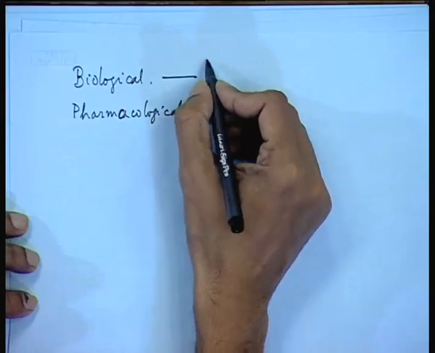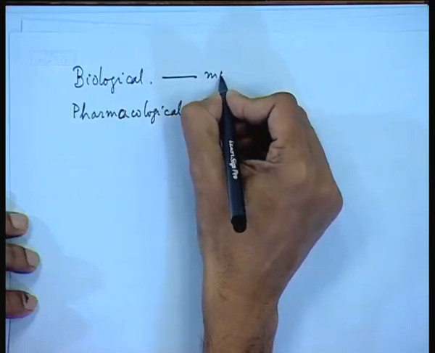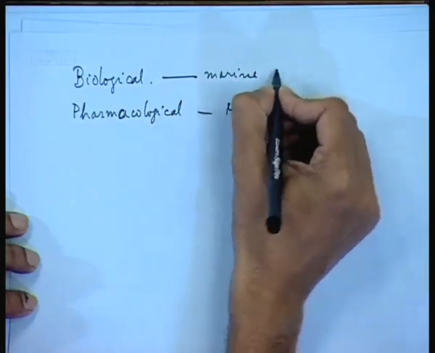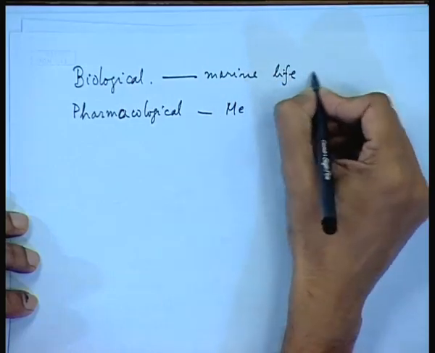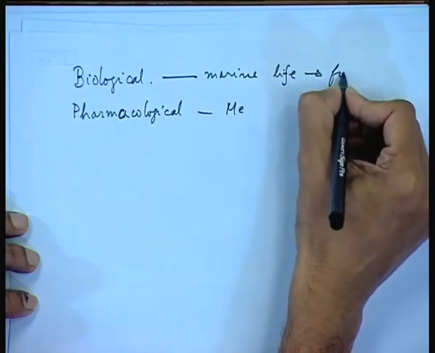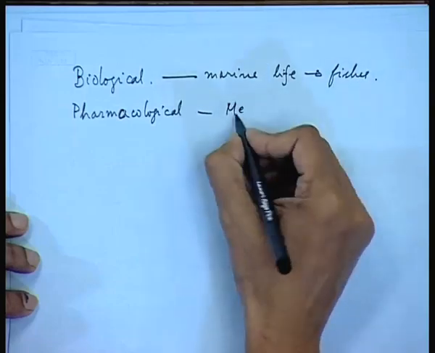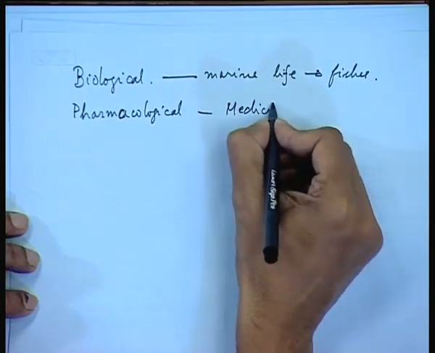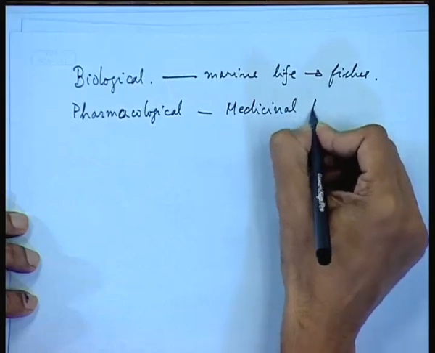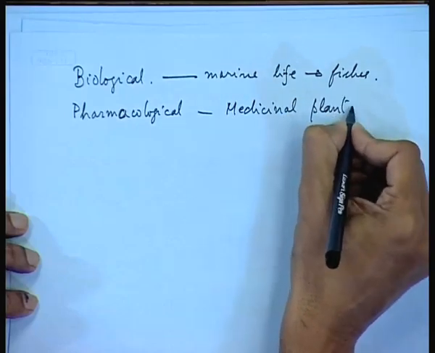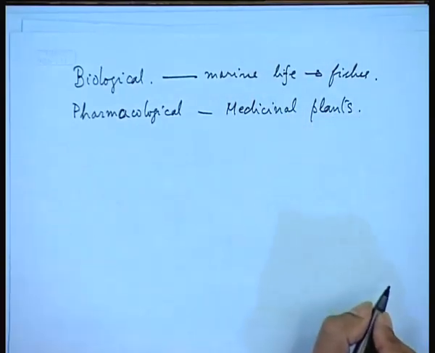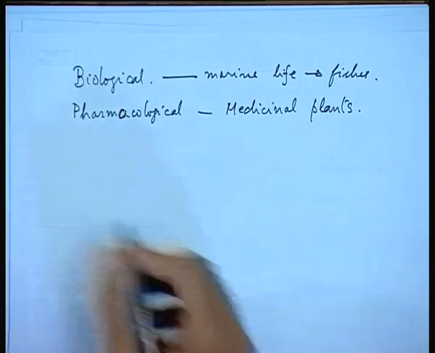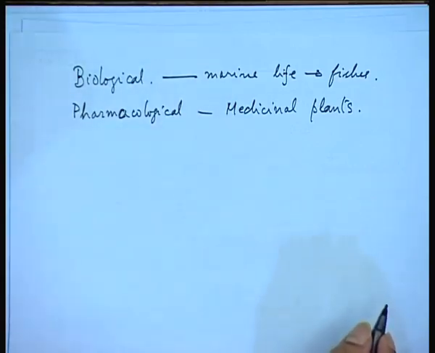So, biological is marine life, that is fishes. The pharmacology is medicinal plants. So, these are some of the branches of oceanography that one deals with.